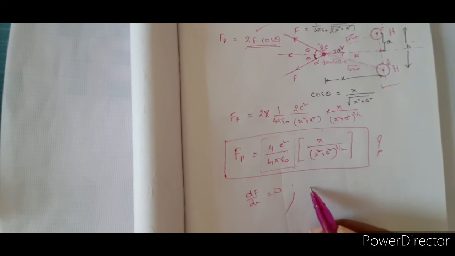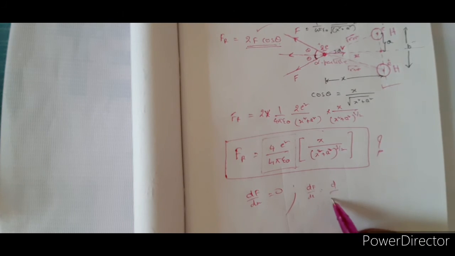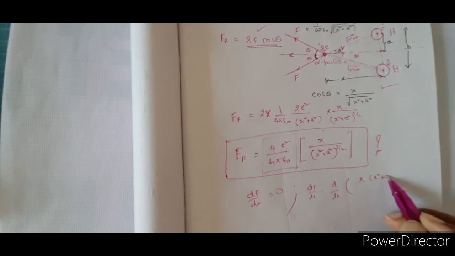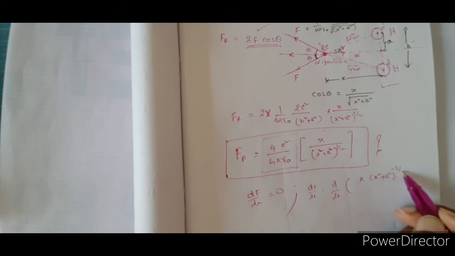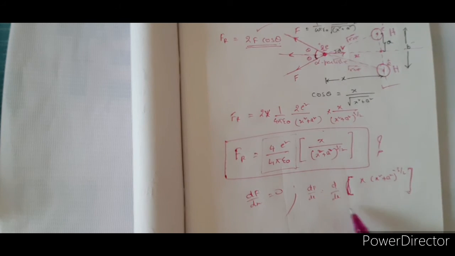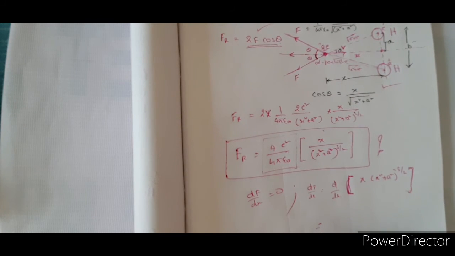So now dF by dx, suppose you write it as d by dx of x into (x square plus a square) whole power minus 3 by 2. UV method, very simple. You can apply that and you will be getting it as, right?